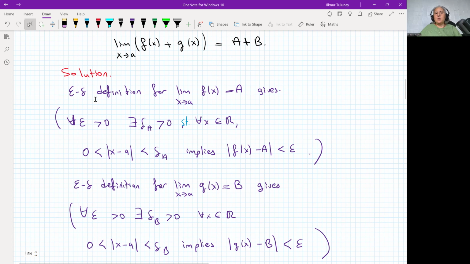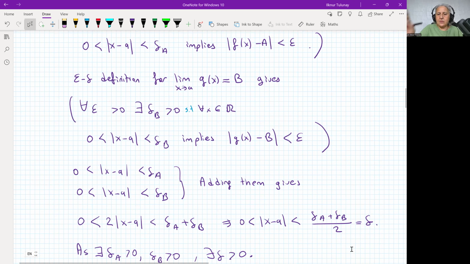If you look at the epsilon-delta definition in your lecture, you will see how this graphic works. And limit x goes to a, g(x) is equal to B is given as well. We use the epsilon-delta definition, and in the same way we have epsilon bigger than 0. There exists a delta B such that, for all x in the real numbers, this inequality implies this inequality.